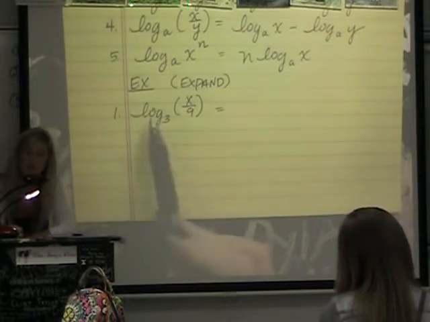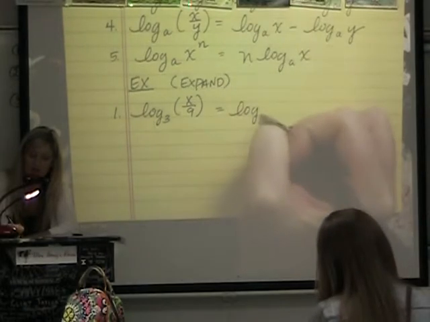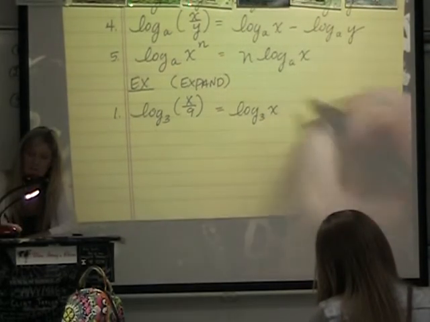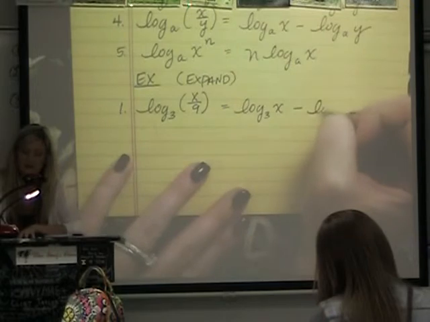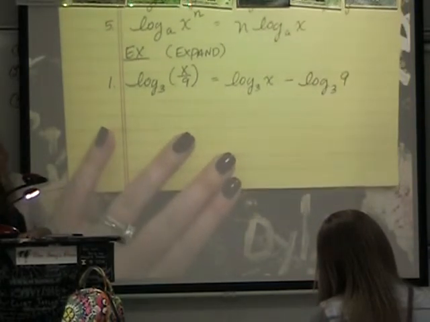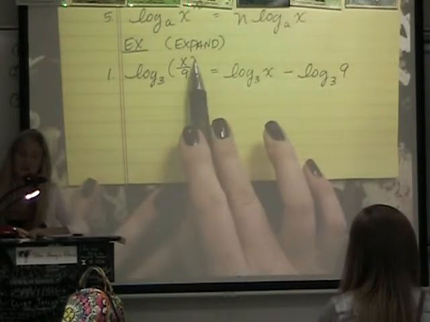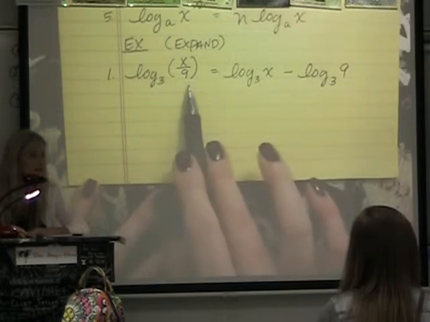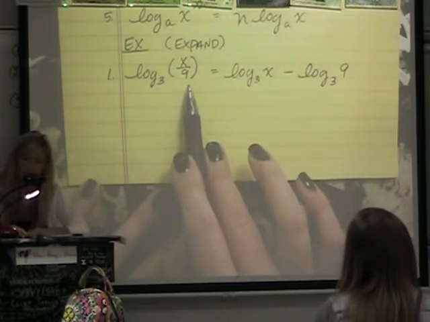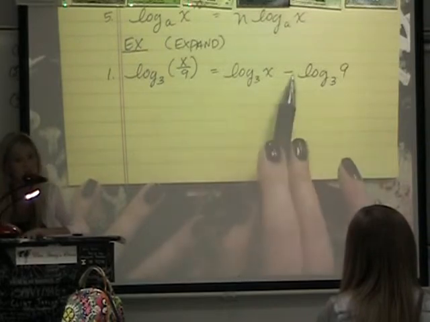Subtraction. So I can rewrite this expression as log base 3 of x minus log base 3 of 9. So you take the log of the numerator and subtract the log of the denominator using property number 4 that we wrote in our notes. Division implies subtraction.